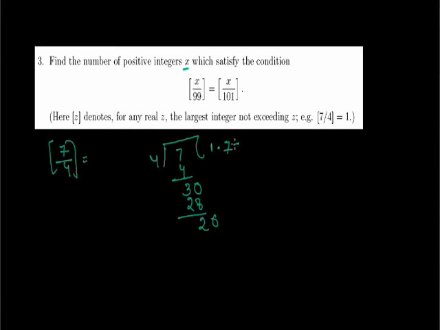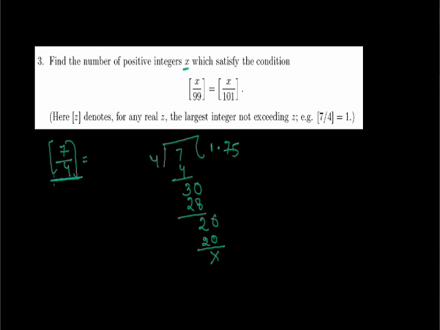Now what is the greatest integer? If I consider the case 7 by 4, when I divide 7 by 4, 4 ones are 4, this is 3, 7 fours are 28, this is 2, this is 5 fours are 20.